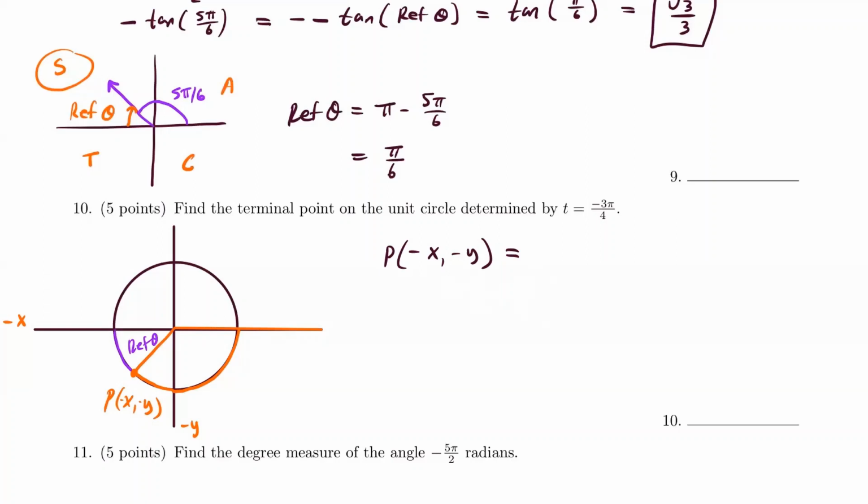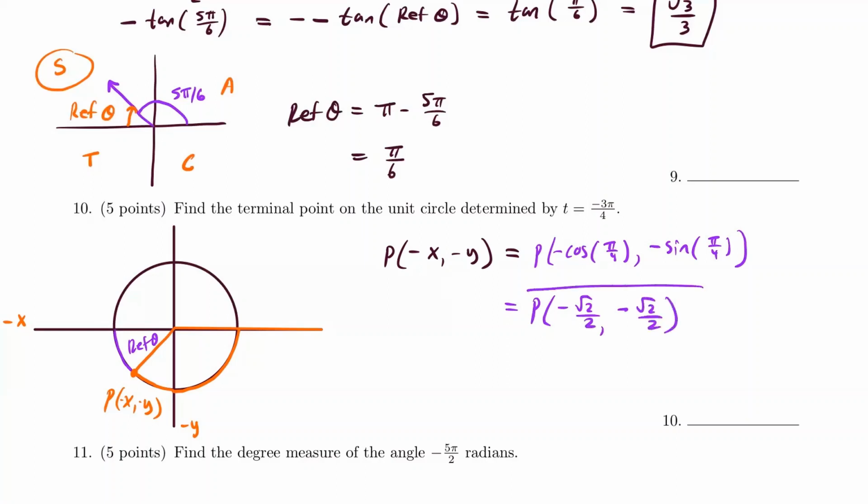So the point is negative cosine of π over 4, and negative sine of π over 4. We know from memory that cosine of 45 is root 2 over 2, and for sine, same thing. So the point will be (negative root 2 over 2, negative root 2 over 2). That will be the terminal point determined by the angle negative 3π over 4.